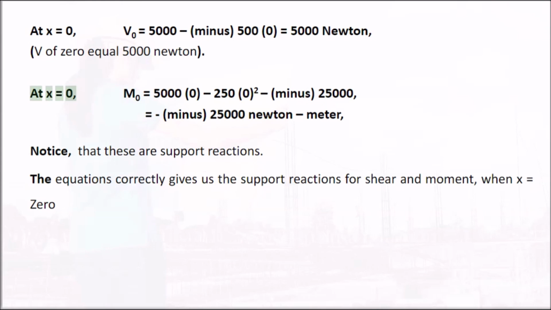At x equals 0, M(0) equals 5000 times 0 minus 250 times 0² minus 25,000, equals minus 25,000 Newton meter. Notice that these are support reactions. The equations correctly give us the support reactions for shear and moment when x equals 0.